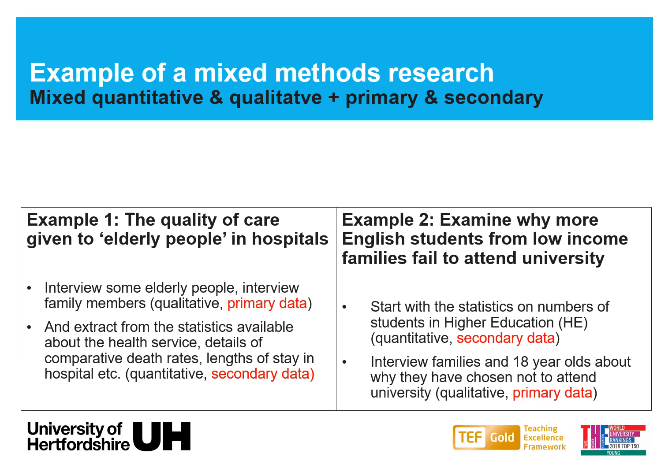If you want to find out the reasons why, you may start with looking at the statistics on the public government website to find out what the figure is, for example, how many students from low-income families have failed to attend, which gives you a better idea of the gap and the low attendance rate. And then you may want to interview some of the students from low-income families who are not able to attend universities.